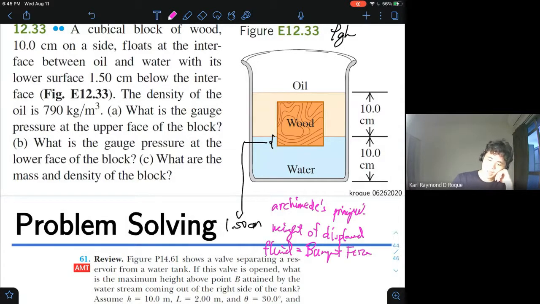Ano pang alam natin? At rest ito, pag floats at rest yan. So, we can do some free body diagrams. Yan. I'll leave it up to you to try first. Sige. I'll give you 15 minutes for this. Or 10.